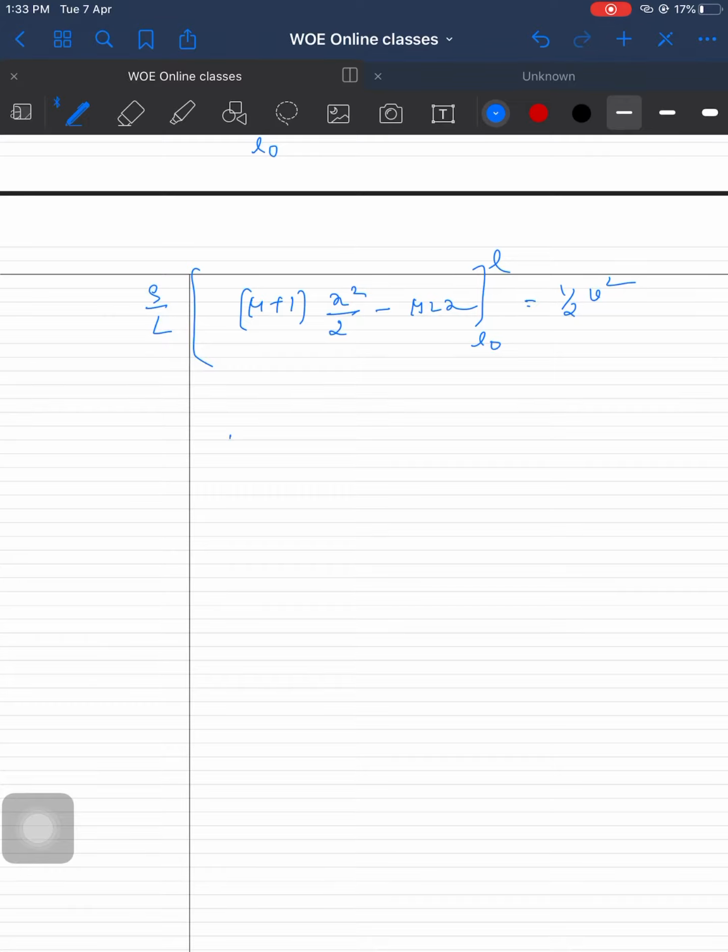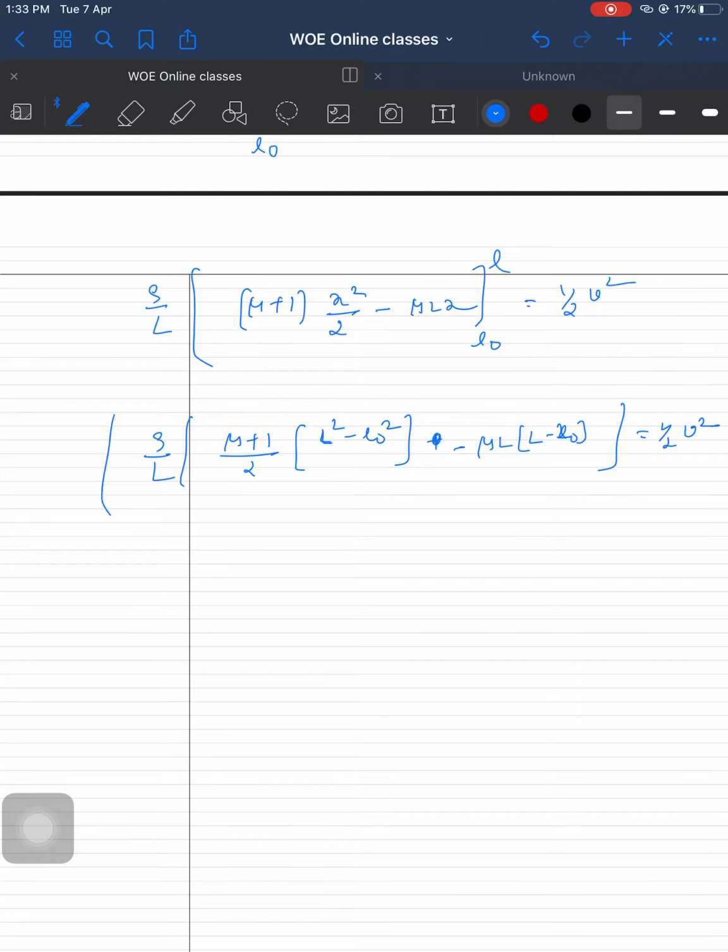If you substitute the limits: (mu plus 1) by 2 into (L square minus L0 square), minus mu L into (L minus L0), into g by total length L, is equal to half v square.